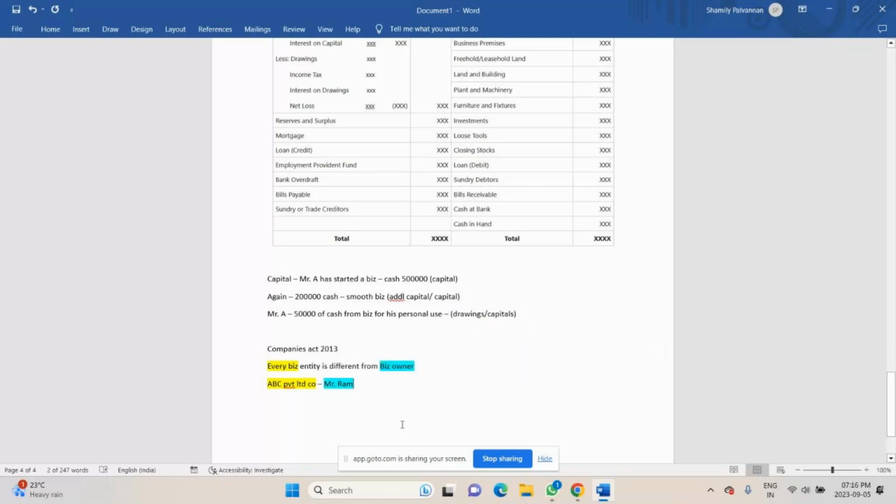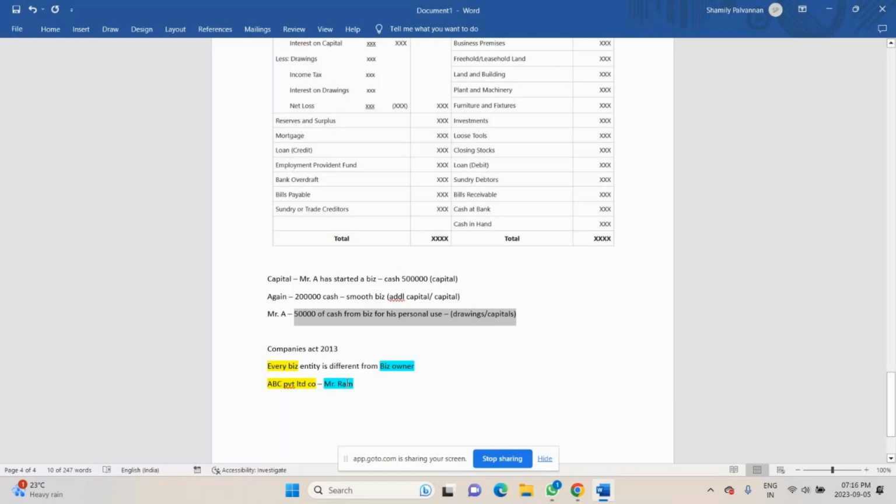As per the Companies Act, though the business owner is running the business ABC Private Limited, we treat the two as different persons: ABC Private Limited as one person, Mr. Ram as another. So when he takes money from the company, he is taking the company's money.